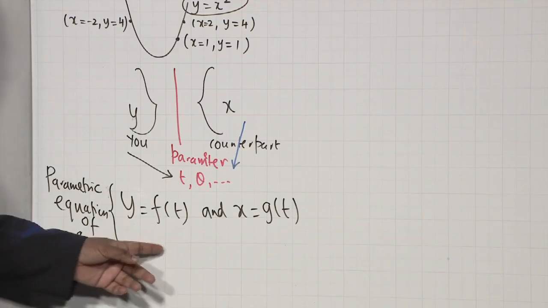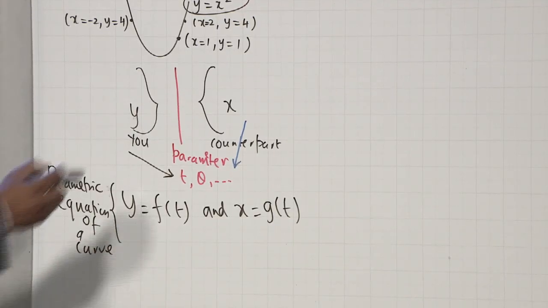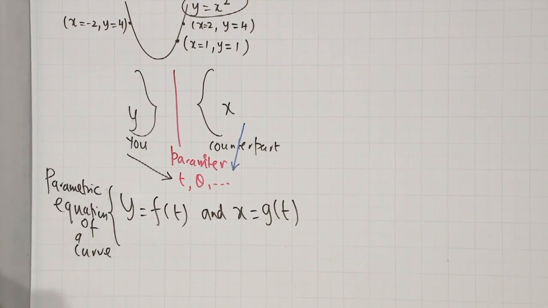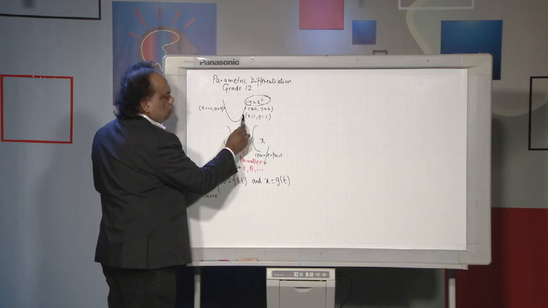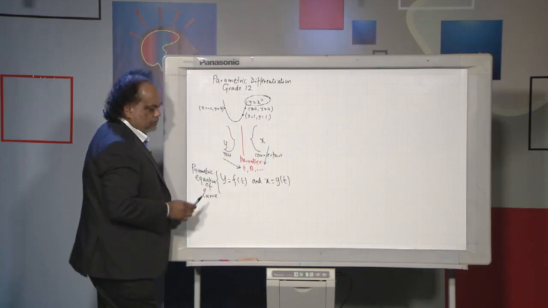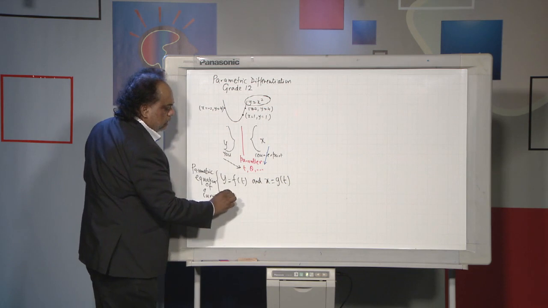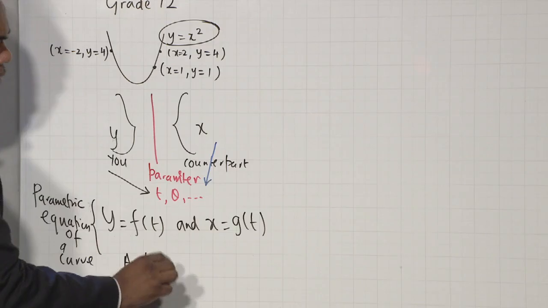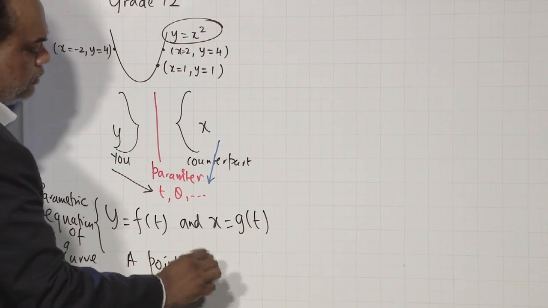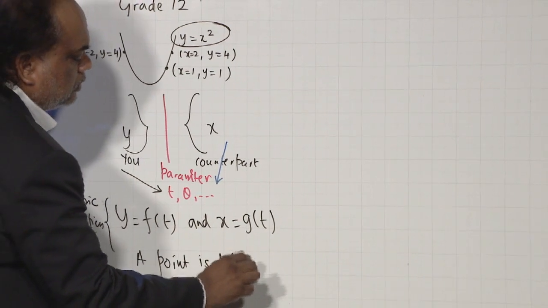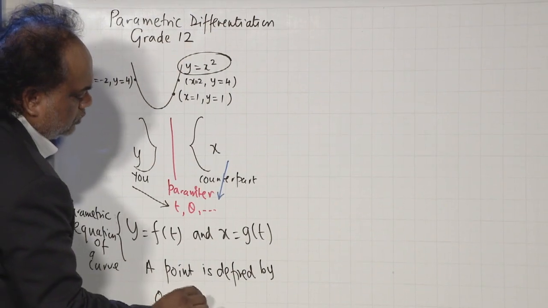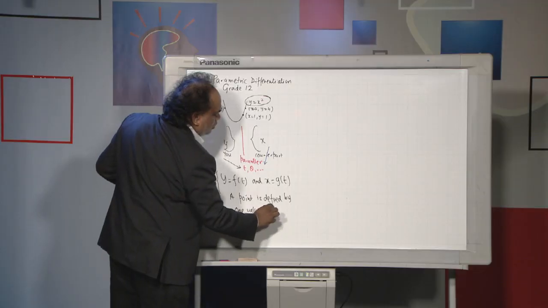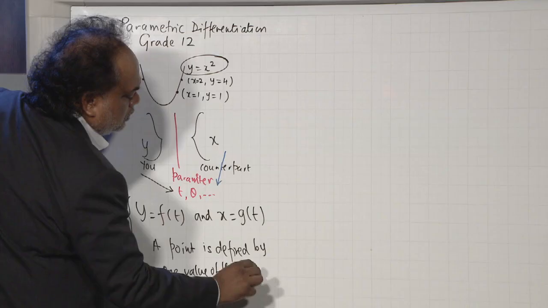For obvious reason. Here, a point was defined by two coordinates, whereas here, a point is defined by one value of the parameter.